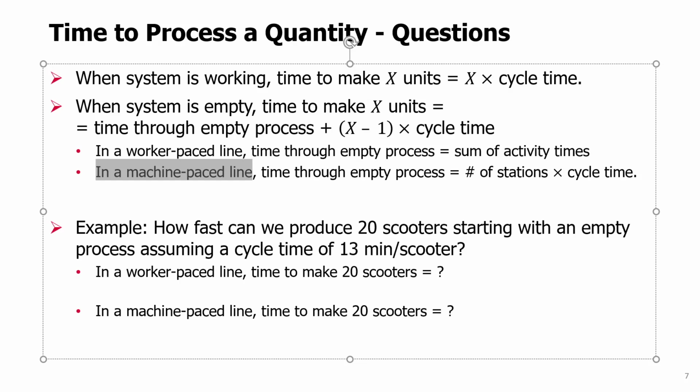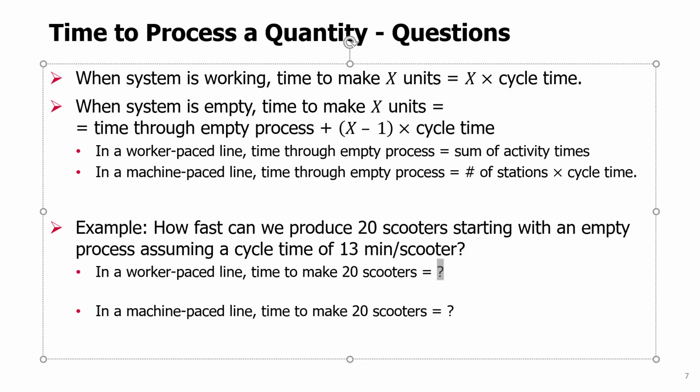So even if the workers finish earlier, the product is not moved forward until the cycle time is finished. And in this case, the time through the empty process will be the number of stations times the cycle time. The difference is small, but it is still visible, especially if the line is very long and highly imbalanced. So what's the time to make 20 scooters?